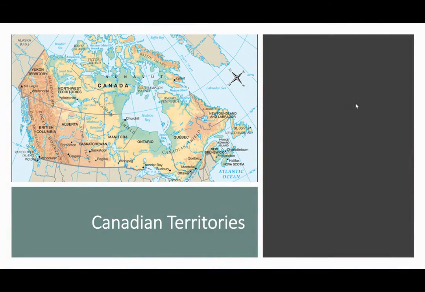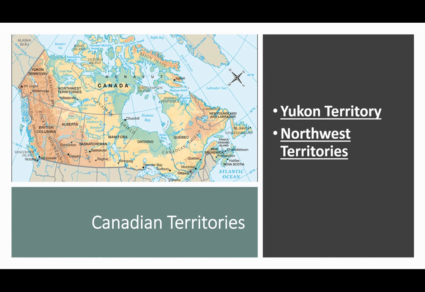All right, as far as the Canadian territories are concerned, there are three of them. The Yukon, if you're looking up here at the screen, it's to the left, to the west. It's to the east of Alaska, but in the western section of Canada. The Northwest Territories, here in the middle.